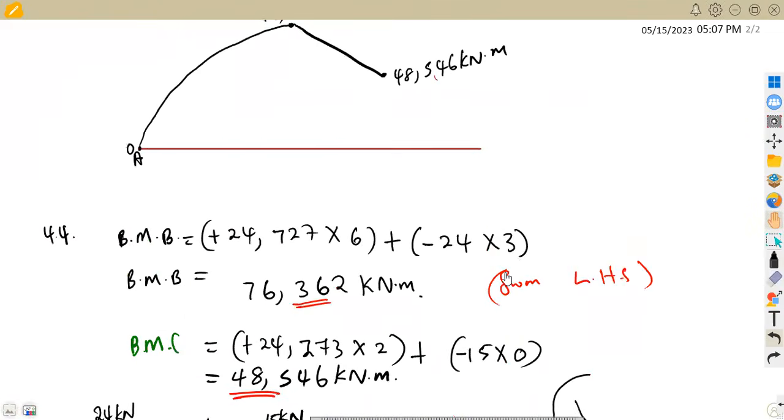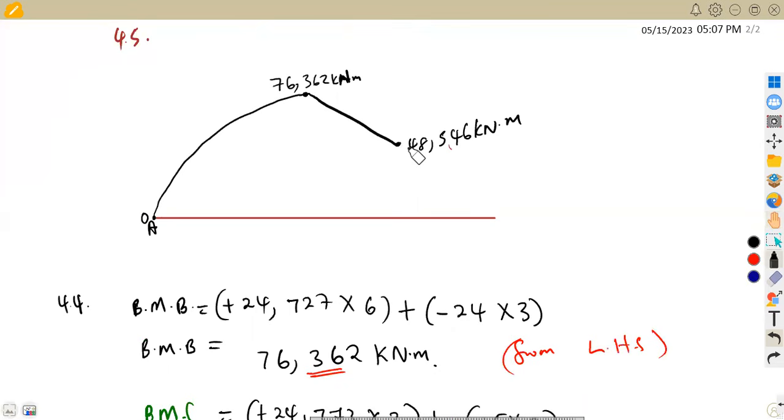So D is at ground, at 0 kilonewton meter. Then we have our point E. So this is our D, our C, our B here, and our A from the starting point.